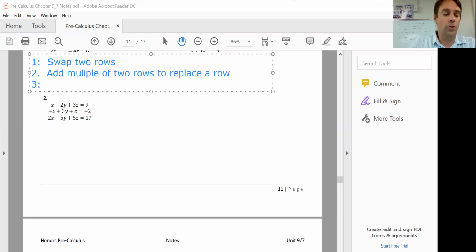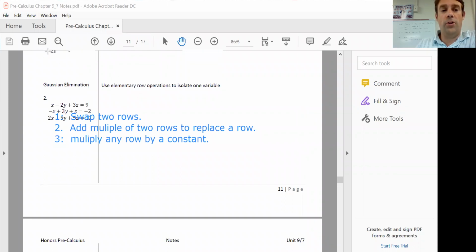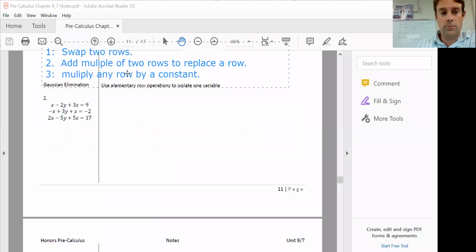The last thing we can do is always multiply any row by a constant number. So we only have three rules to solve a system of equations. Three rules, that's it. Doesn't seem that hard. So using three rules, I should be able to solve any system.